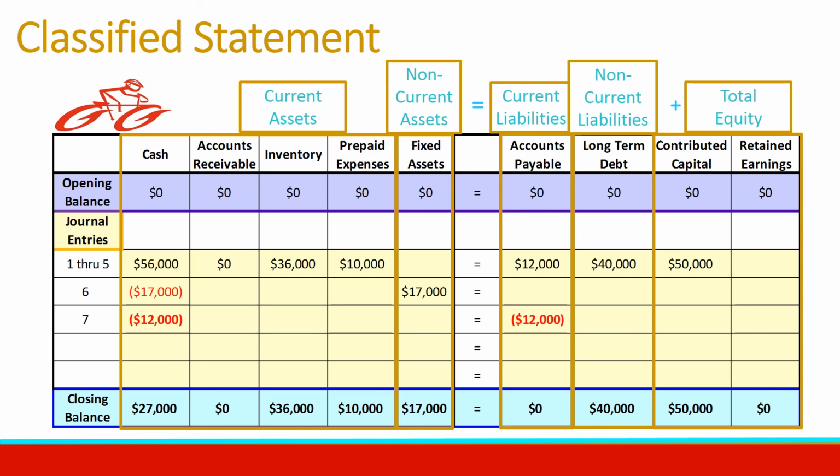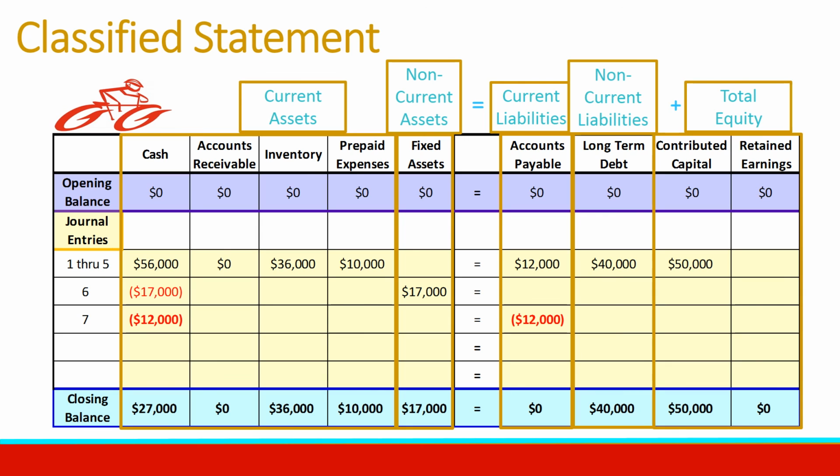Those are the fixed assets. So if we were going to be developing a classified balance sheet, we would be providing a subtotal for all of the current assets, and then separately, we would be listing the non-current assets, and then we'd provide the grand total of $90,000 in assets.